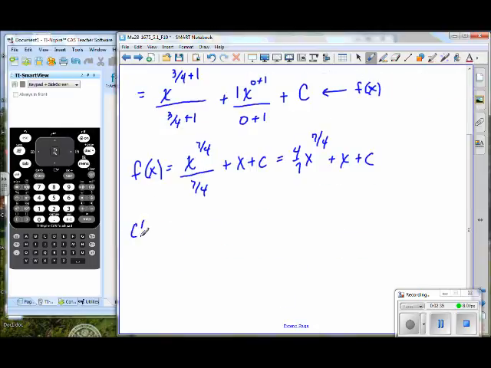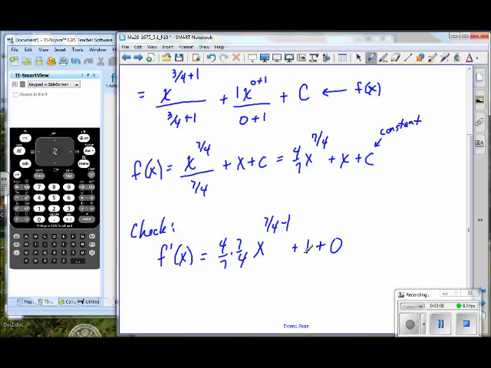Now again, to check this, all we have to do is take the derivative of this function. So we would start with multiplying the exponent times the coefficient and then subtracting 1 from the exponent. The derivative of x, as we know, is 1, and the derivative of a constant, any constant, and again this stands for any constant number, is 0.